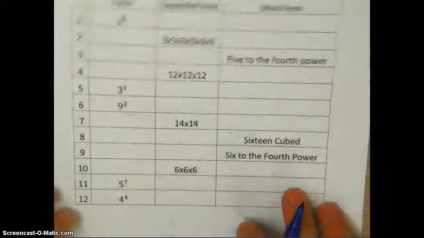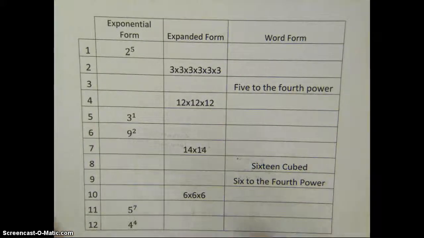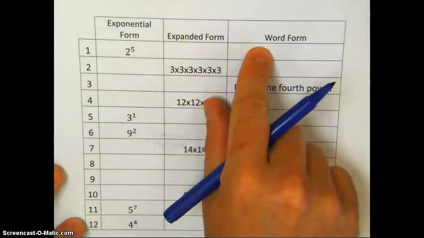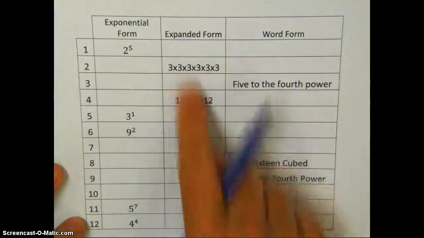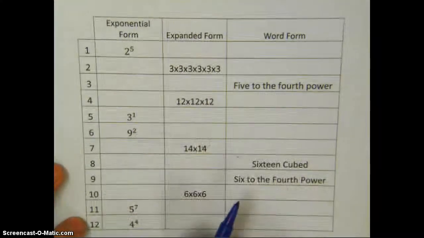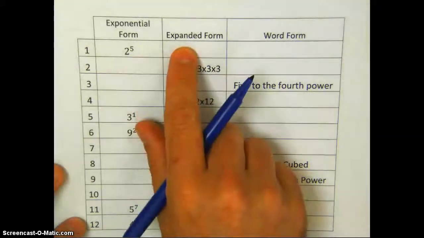Let's flip our notes taking sheet over, see what we got on the back. Okay. There's a chart here which we're going to convert from exponential form to expanded form to word form and back and forth. Okay, I've given you one of them, and we have to figure out what would go in the other 2 squares. So 2 to the 5th power, it's telling me to write it in expanded form.